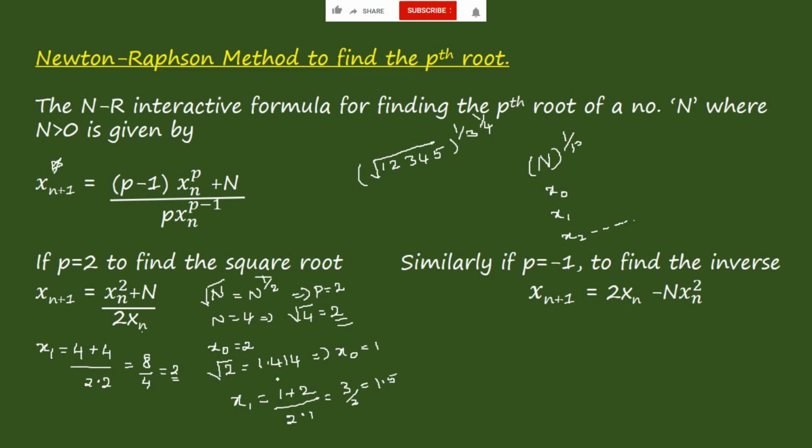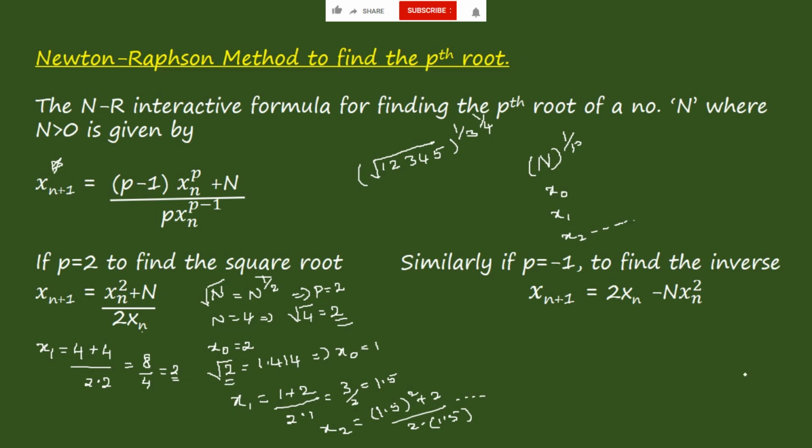Now it is not nearby, so again we're defining the x2 value, which is equal to 1.5 whole square plus 2 by 2 into 1.5, and so on we'll be doing to get the exact value of root 2.